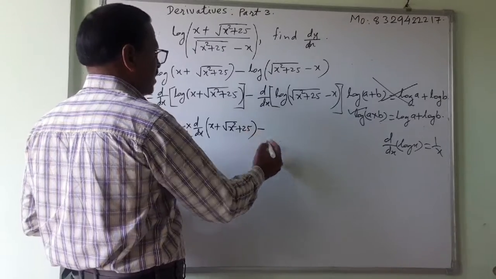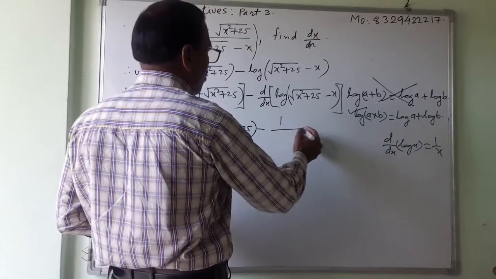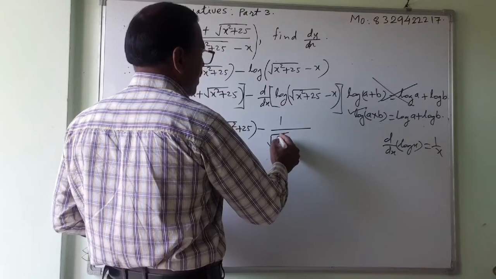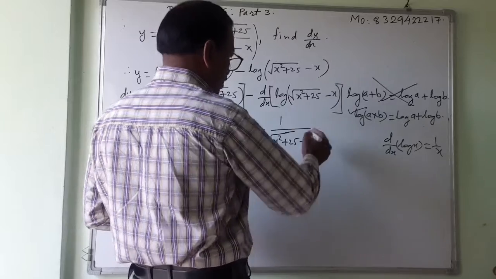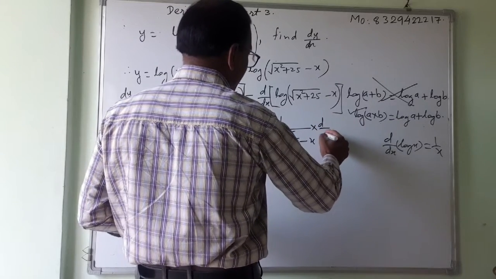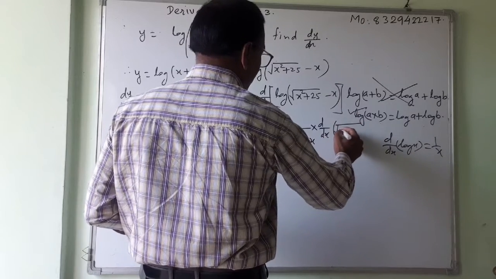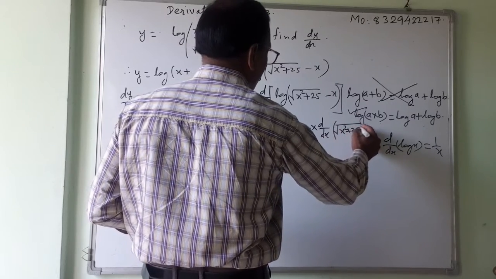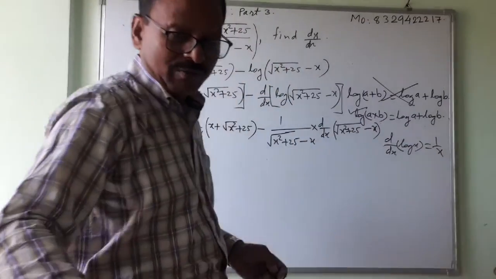Minus the derivative of this log, that will be once again 1 upon under root x square plus 25 minus x into d by dx of under root x square plus 25 minus x. Now this much part I am going to rub out.